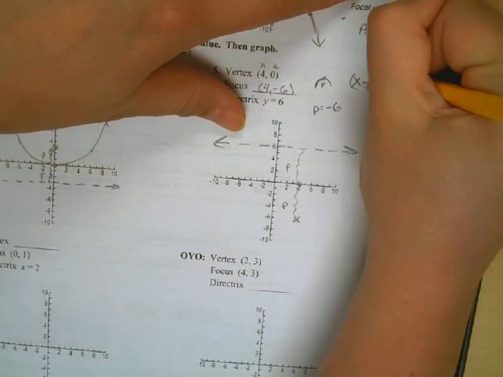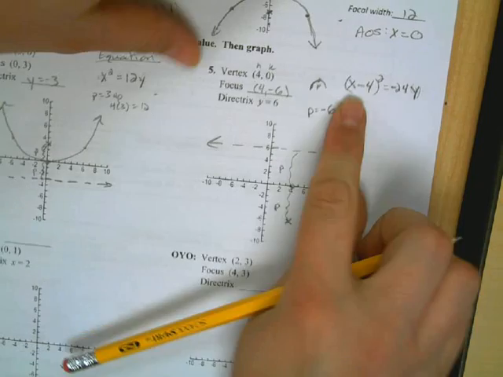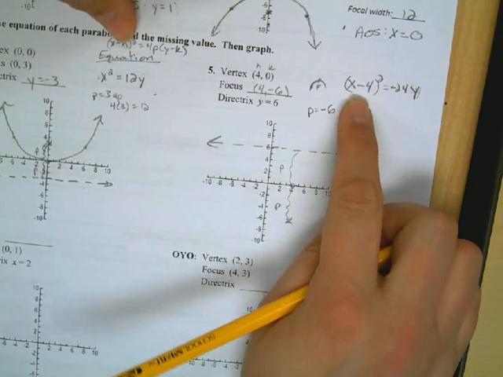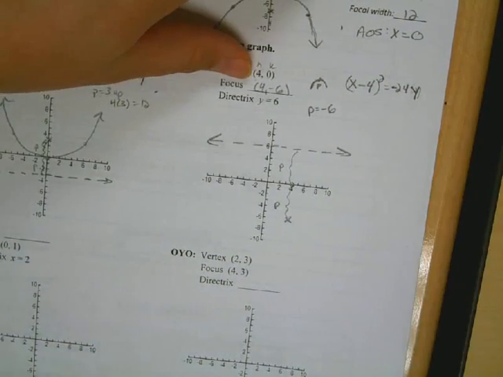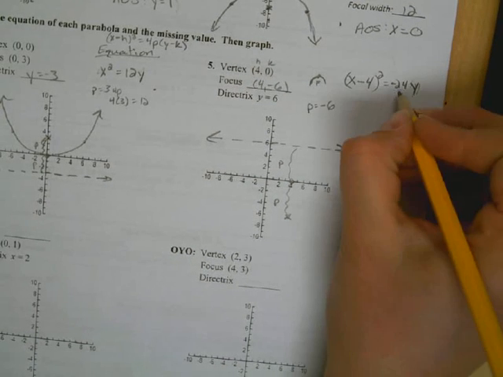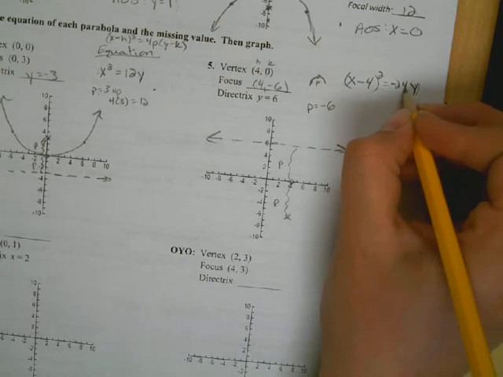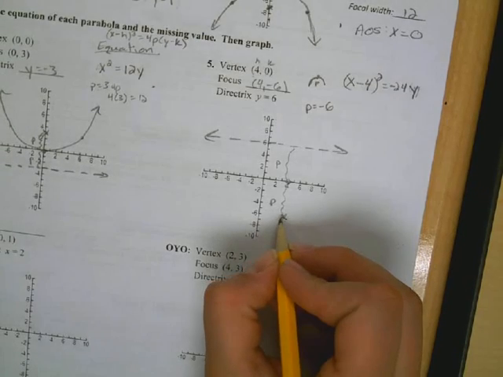Forgot my square. That's horrible. Okay, that first piece must be squared. x minus 4 squared equals negative 24y. And I got rid of the rest because it was just minus 0 and the 0 is going to fall off. So that makes my focal width 24, which means half of that is 12. So this thing is going to go off my graph a bit.